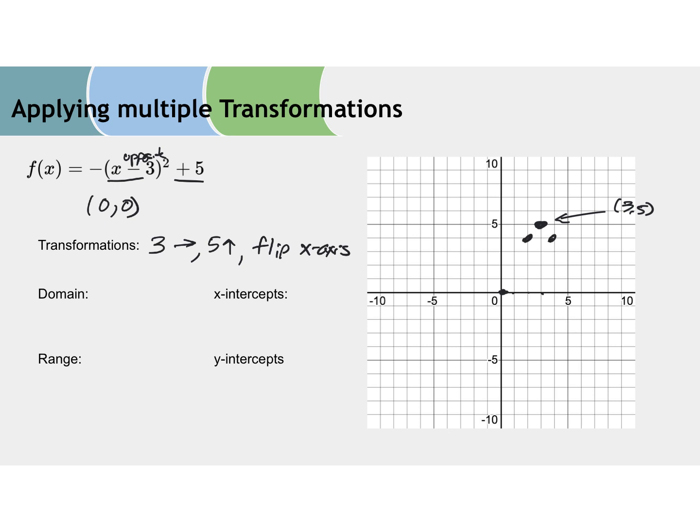Now, before I go any further, it might be helpful to get the intercepts. Now, the only intercept I really might want to use here is my y-intercept. So again, the y-intercept occurs when x equals 0.